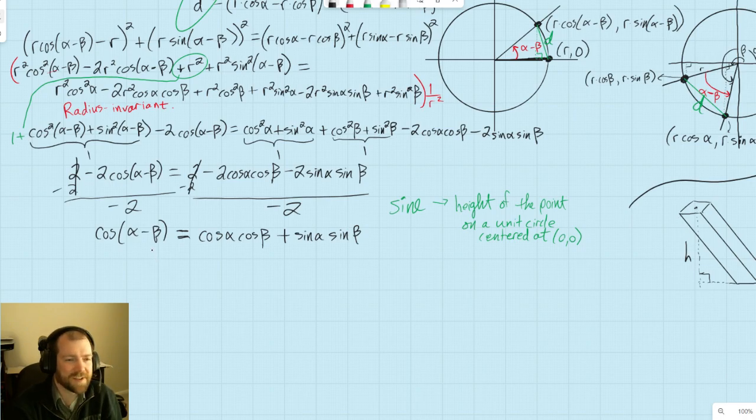Now, some of my students very aptly noted that I had only done the difference here. So how do you do a sum? Well, if you let beta be negative beta, you get cosine of alpha minus negative beta. You could maybe. I'm not sure about that.